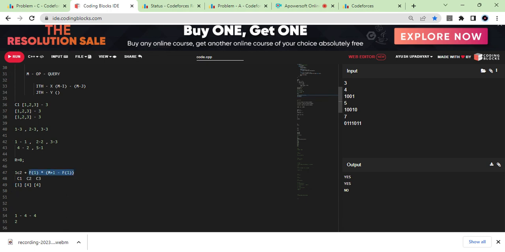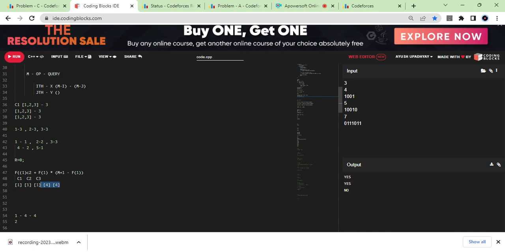Otherwise, f of 1 C2 for all these ones, if there were so many ones. For these three, ones will be counted as just 3 C2.